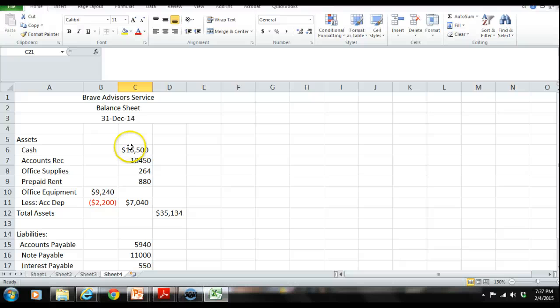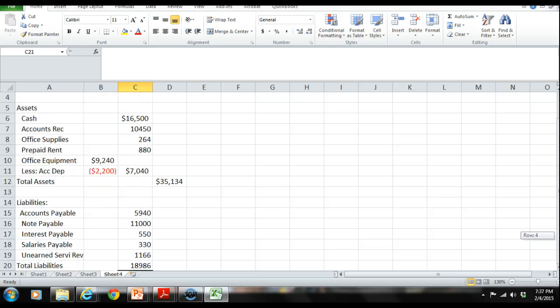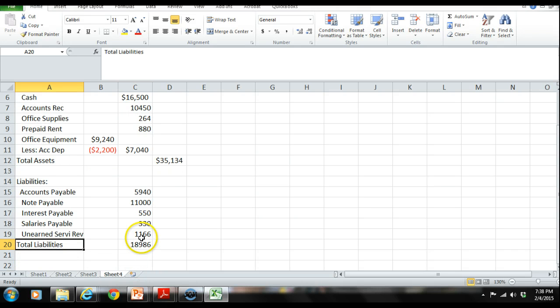As you see, the big thing here with the assets is we have to take the office equipment less that accumulated depreciation to come up with a new carrying value, or book value, on our office equipment of $7,040. So we're at a place of totaling our total liabilities of $18,986. Then from there, we're going to do our owner's capital, 16,148.